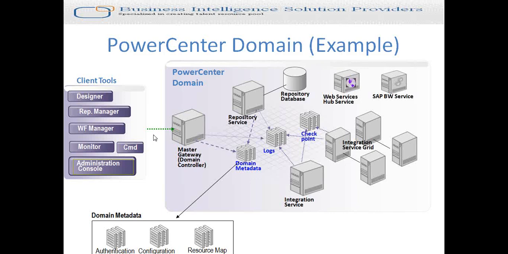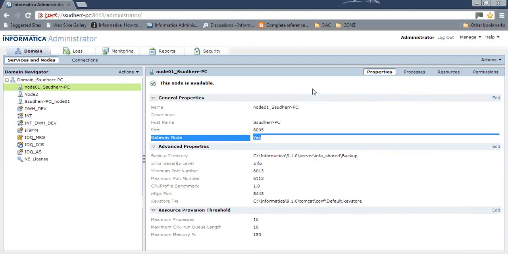This is the master gateway, the one taking all of your commands from any of these tools. If you notice, the rest of the whole thing is present under the domain. So the domain is the base foundation, and on top of it you have all of these services running.